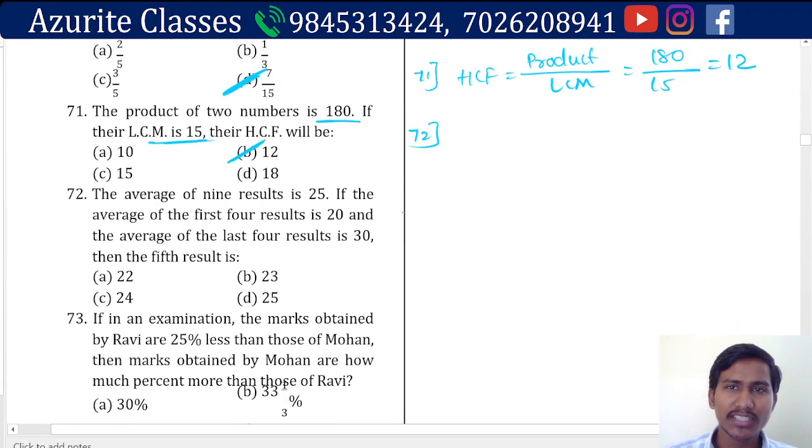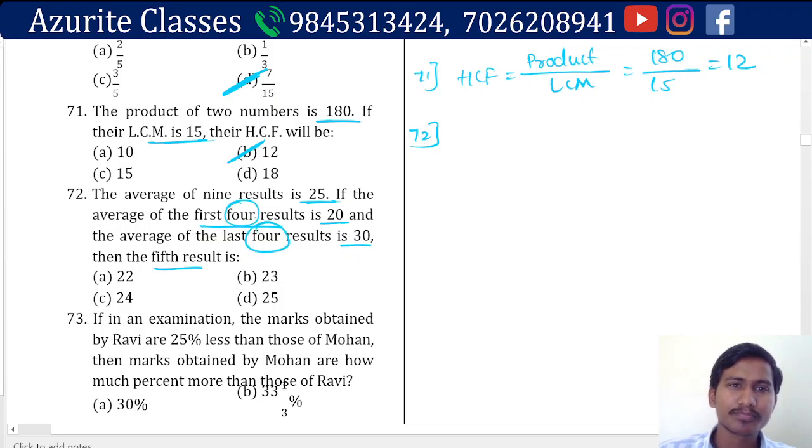The average of 9 results is 25. The average of the first 4 results is 20 and the average of the last 4 is 30. Find the fifth result. They have told us the average of 9 results, and the first 4 and last 4 are given.